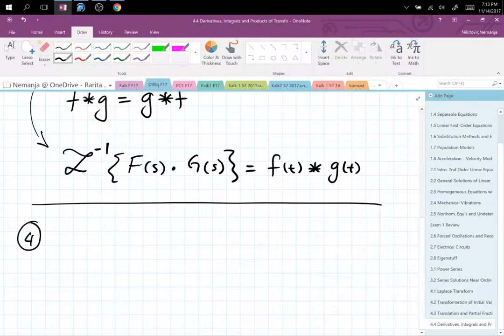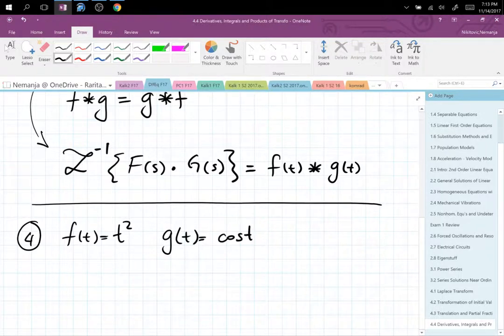Problem number 4. f of t is given as t squared, and g of t is cosine t. Find the convolution. Find f convolution g. Now you know it's commutative, so you can put g convolution f, same thing.